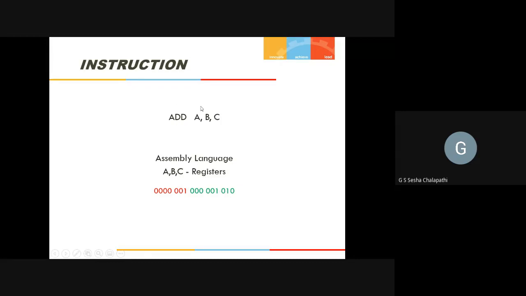The processor will not understand an assembly instruction, but this assembly instruction, which you can understand and write easily, will be converted into a binary instruction during the process of compilation. Now this binary instruction is what the processor will understand.